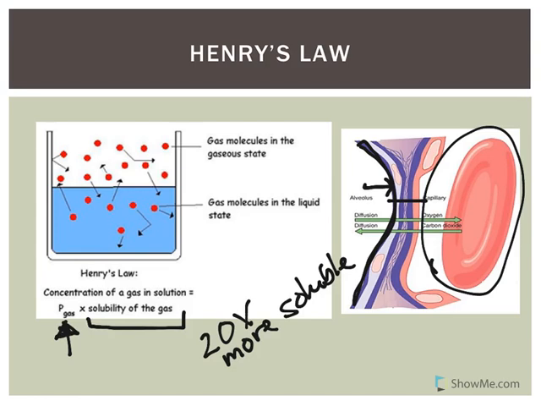So if I had the same partial pressure of oxygen and carbon dioxide, I would be able to get more carbon dioxide into solution than oxygen. Okay, so that's something to keep in mind. Solubility of the gas will influence the concentration of that gas in solution, as well as the partial pressure of that gas.